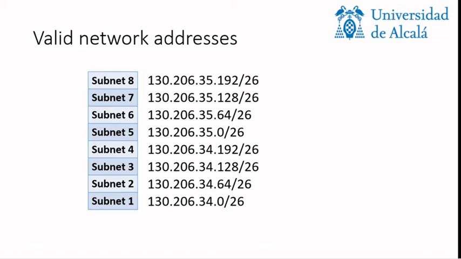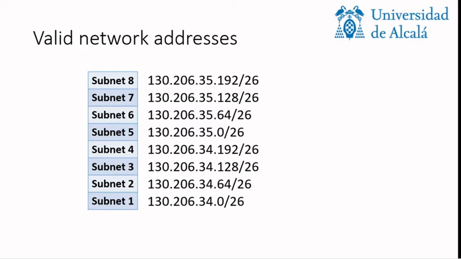Usually we want to reduce and simplify routing tables. How do we do it? Thanks to the hierarchical structure of IP networks, two /26 networks can be aggregated into one with /25, which will have as network address the lowest value of the two initial addresses.